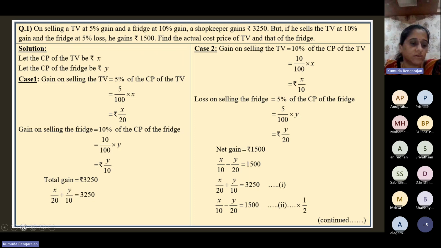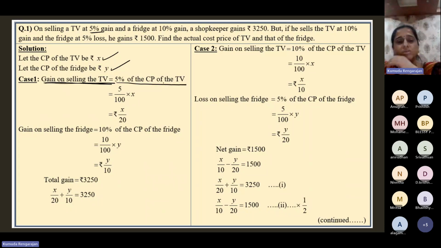So see here, the two commodities are TV and fridge. Let the cost price of the TV be X rupees and the fridge be Y rupees. What's the gain on selling the television? The gain on selling the television is 5% of the cost price of the TV.